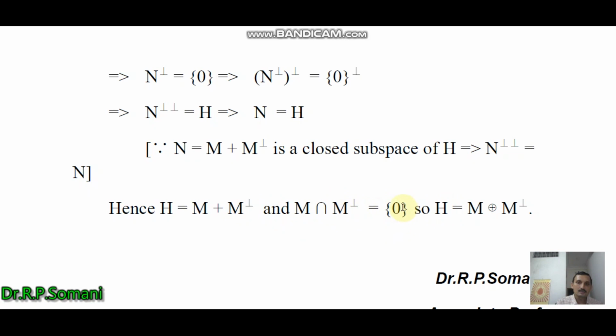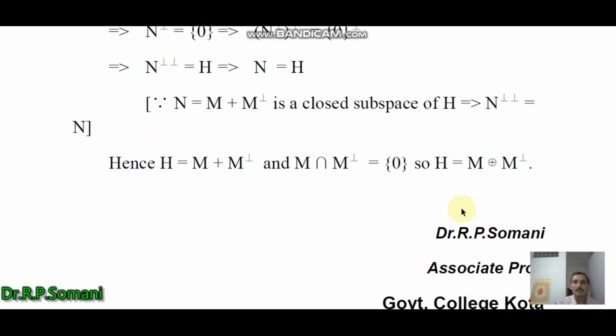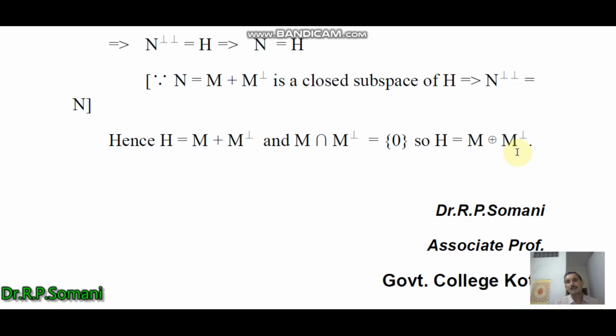Therefore, these two conditions for the direct sum hold: each element is representable as a sum of an element of M and of M orthogonal, and this representation is unique. So in this way, we obtained H as a direct sum of M and M orthogonal.